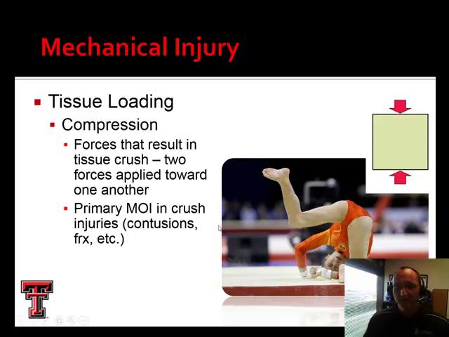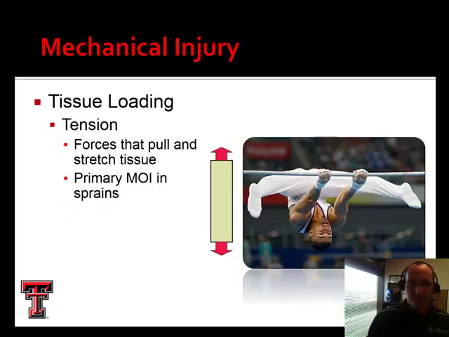In the case of this gymnast, she probably over-rotated or under-rotated a dismount and landed on her head. Compression injuries carry the potential for severe injury in the spine, because that compressive loading causes a decrease in the space and potentially puts the nerve at risk.